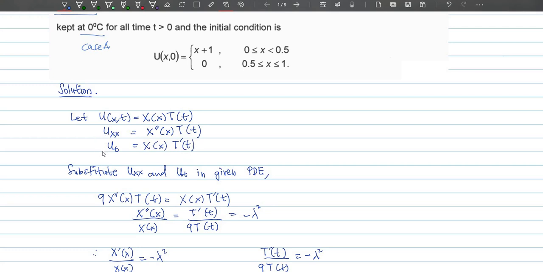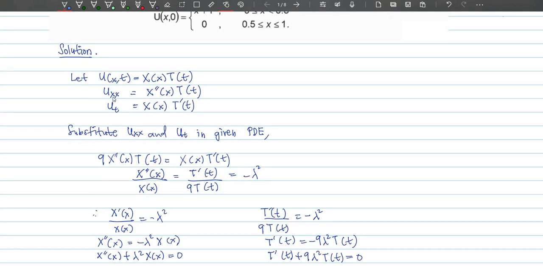This is the partial derivative for u. For u_xx we differentiate u with respect to x twice, so T remains as a constant, and for u_t we differentiate u with respect to t, and X(x) is constant.